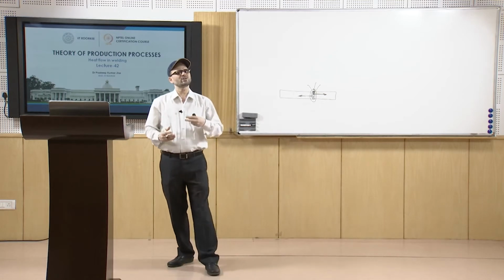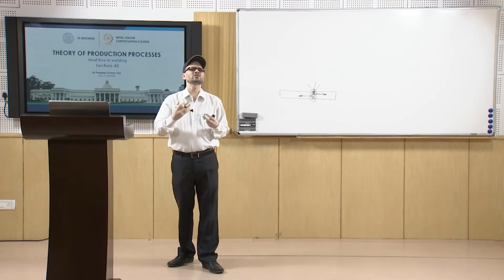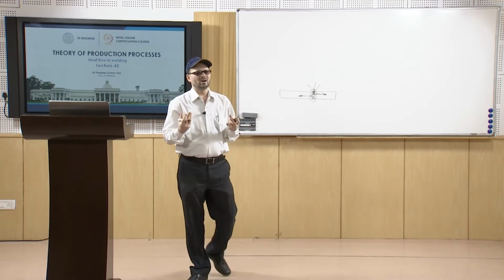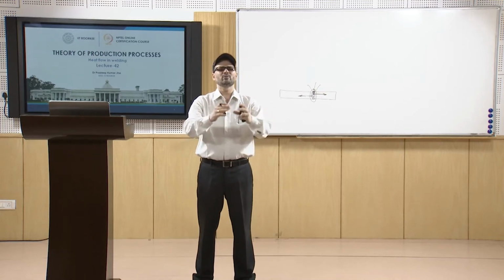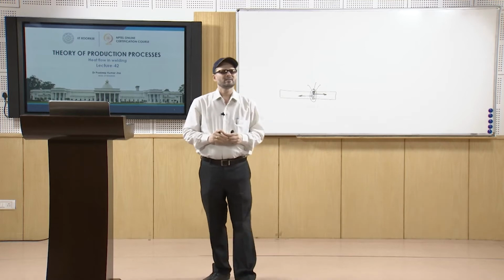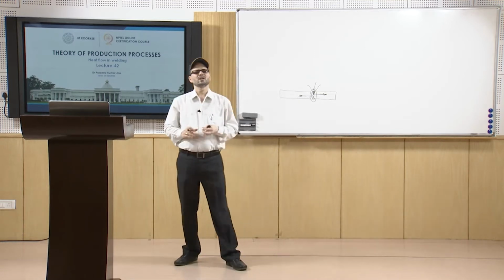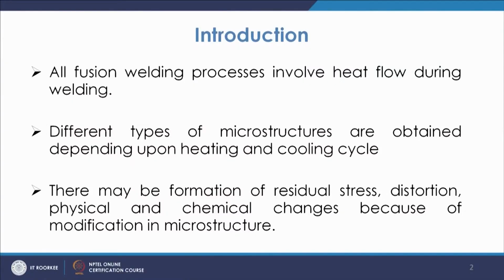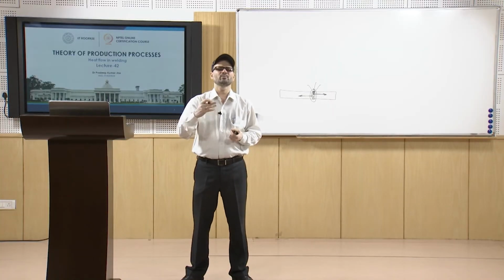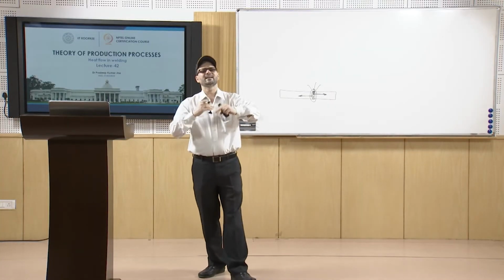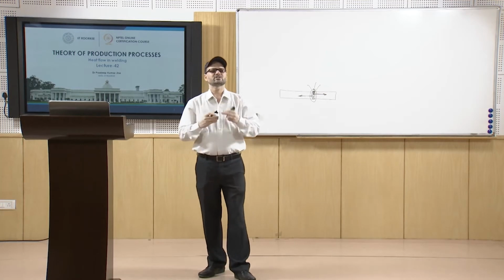These residual stresses may lead to distortion, which means the body becomes out of shape. Then there may be physical changes, or chemical changes like chemical inhomogeneity may be generated. This is all because of the modified structure also. These are the end effects of this heat flow.